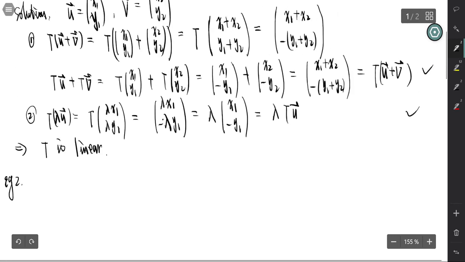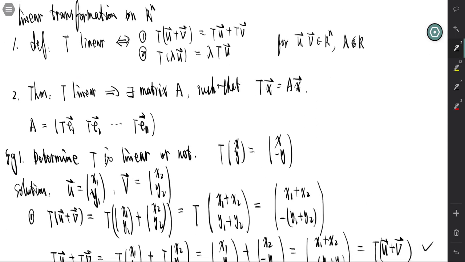By the theorem, if we want to find the standard matrix, we focus on the transformation of the standard basis.